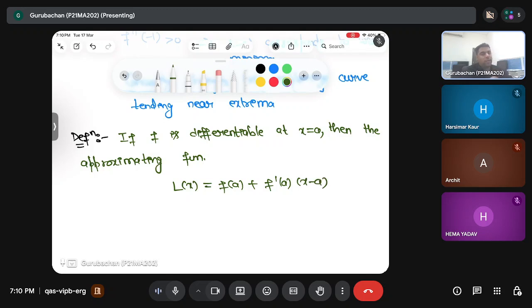If you observe, you will get this by the MVT, mean value theorem. So this is the linearization of f at a.